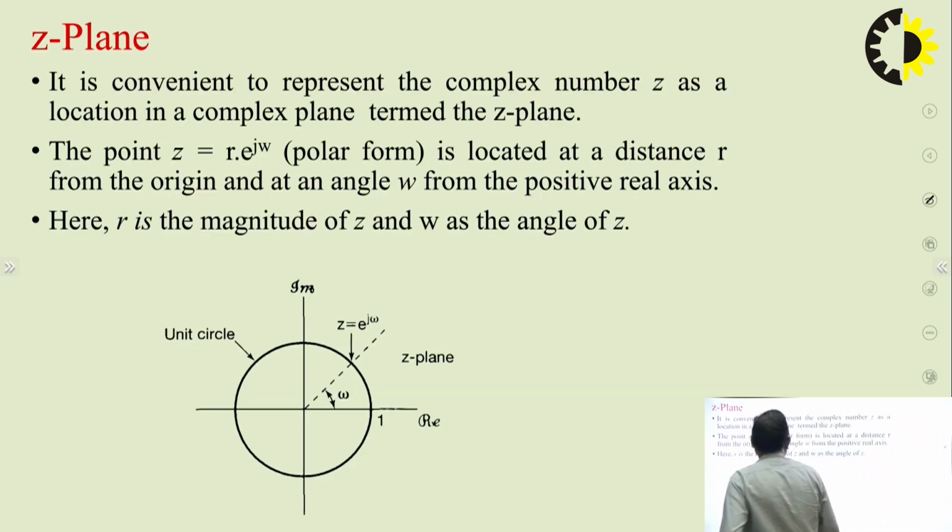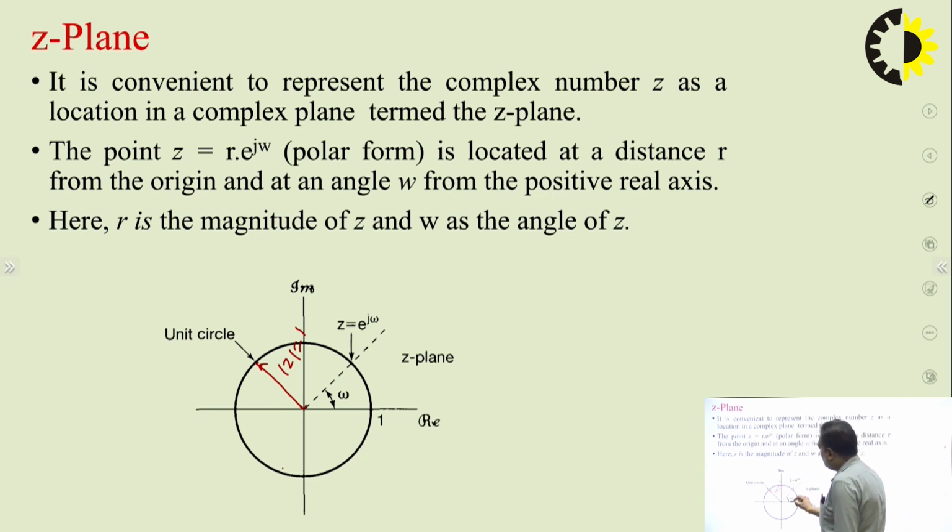After applying the Z transform on a signal, we get the information in the Z plane. This is basically the unit circle. The radius is magnitude of z, which is equal to 1, and omega is the angle made from the positive real axis.